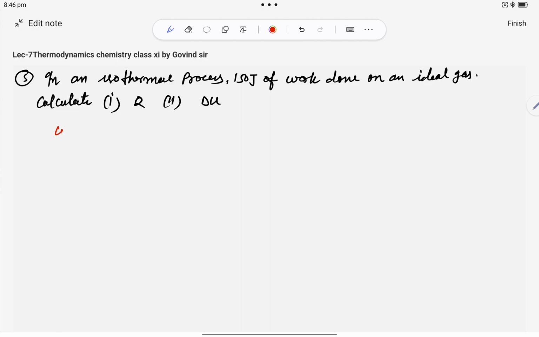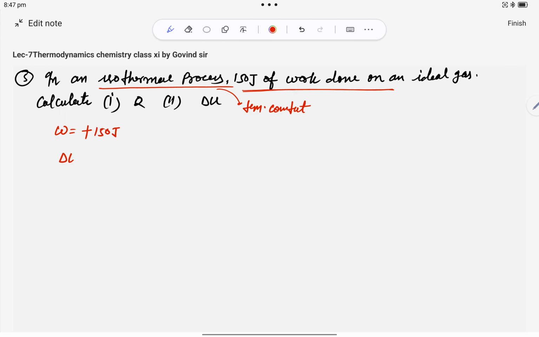So isothermal means temperature constant. 150 joule of work is done on a system. On a system, 150 joule work is done, so W will be positive, 150 joule.